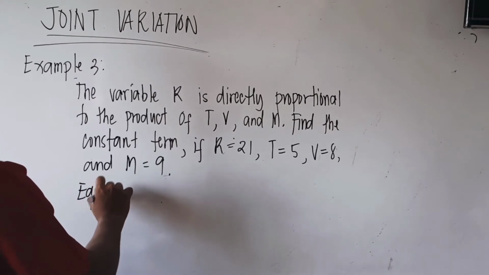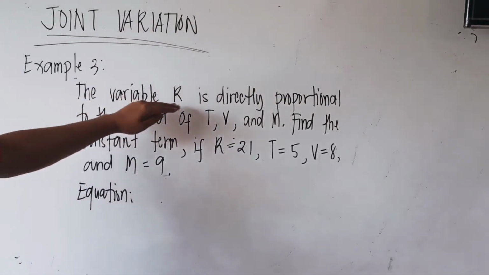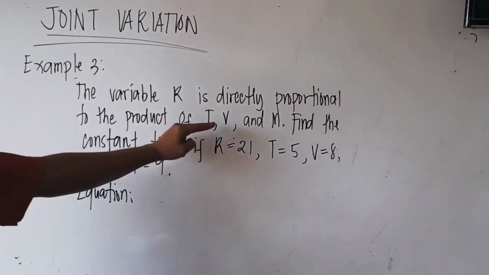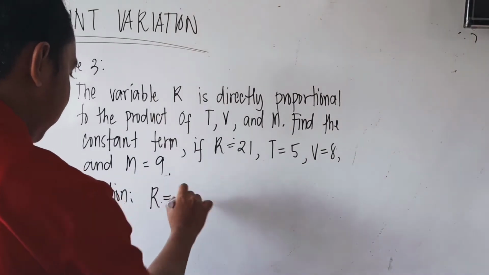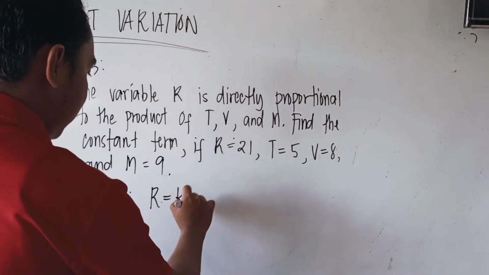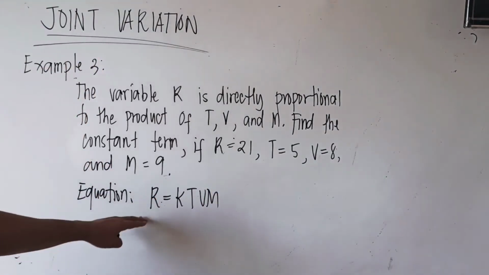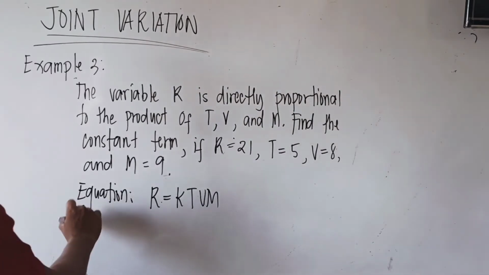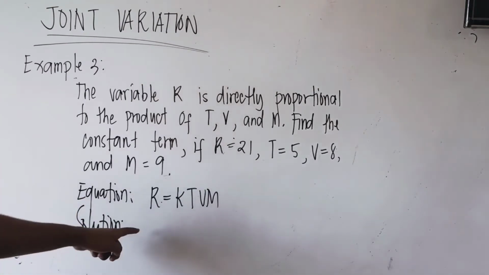So, the variable r is directly proportional to the product of t, v, and m. So that is r equals ktvm. That is the equation. Now, substitution for the solution.